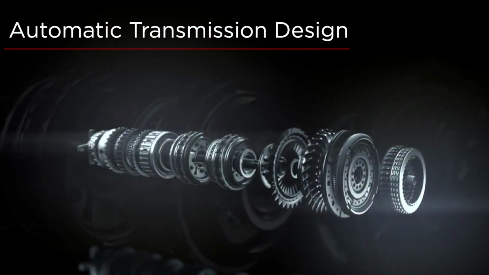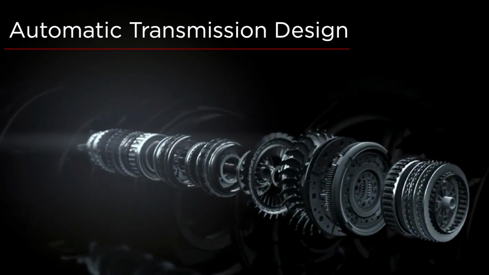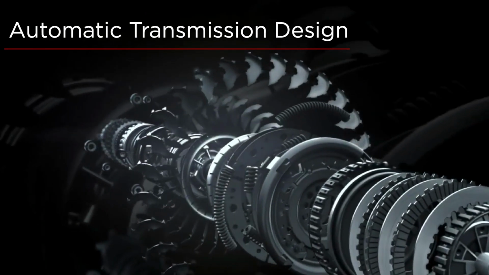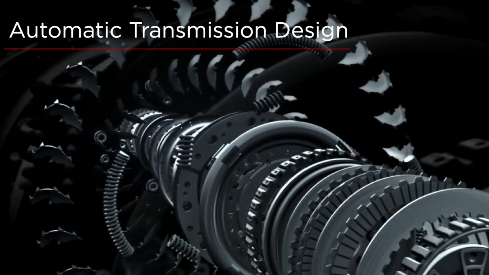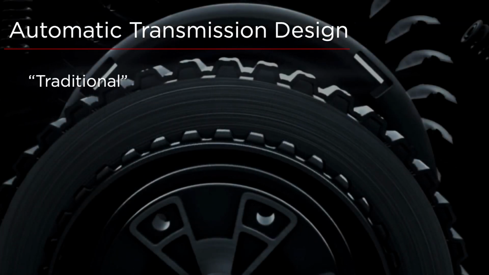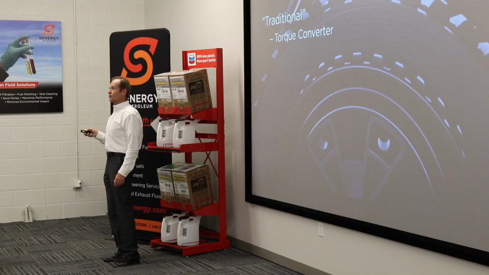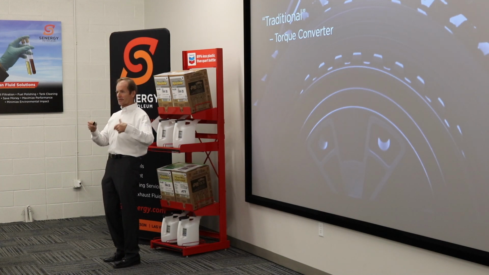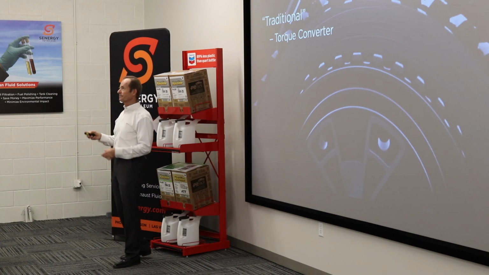Okay, so we're going to talk a little bit about automatic transmission design, and first we're going to go back to what I call the traditional design, the regular, the typical old school design. A traditional automatic transmission has a torque converter, right? The torque converter is a fluid clutch that kind of allows things to engage and disengage without stalling.